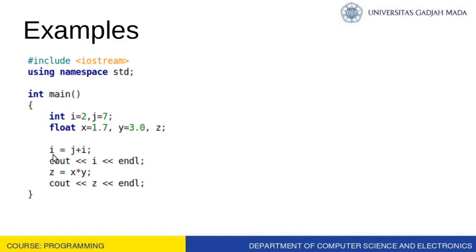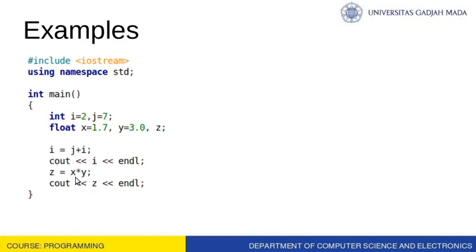If you use float for the variable that stores the result, it is also okay, but the decimal place will be 0. So if you have integer plus integer, you can store it in integer or in float.